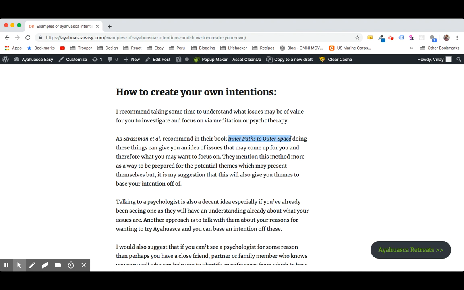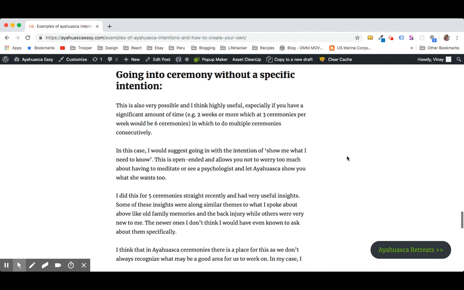And in that, he's talking about how you can prepare for a psychedelic experience. And he's suggesting that meditation or psychotherapy could be one way that you could help identify the issues that will potentially come up for you. So yeah, I'm just sort of doctoring that a little bit and saying that it's a good way to figure out what things you might want to create intentions out of and therefore work on in your ceremony.